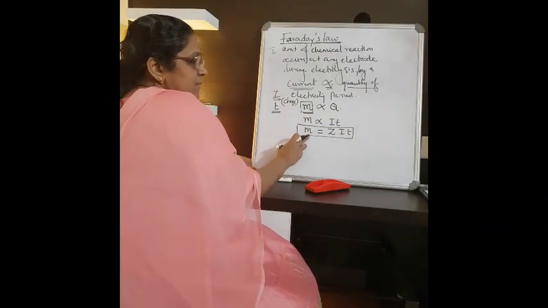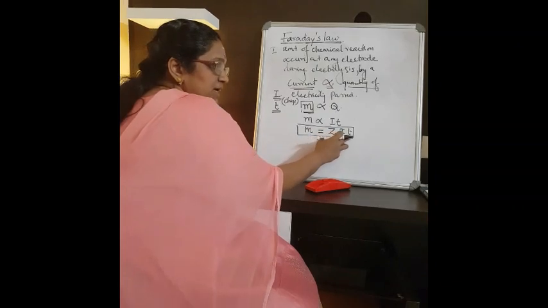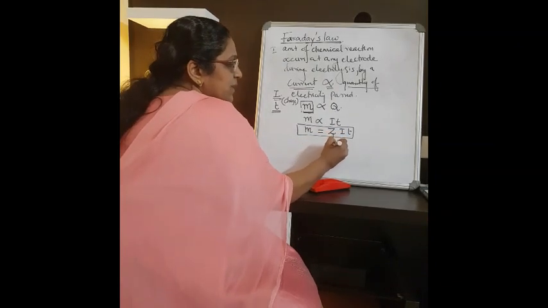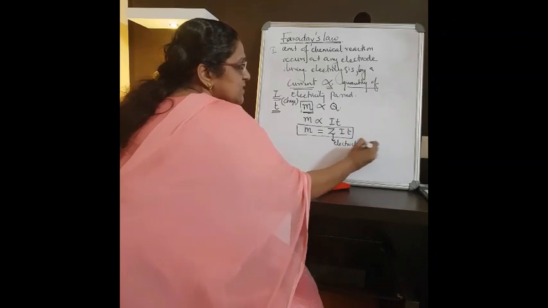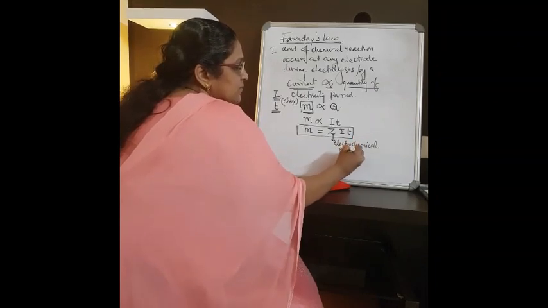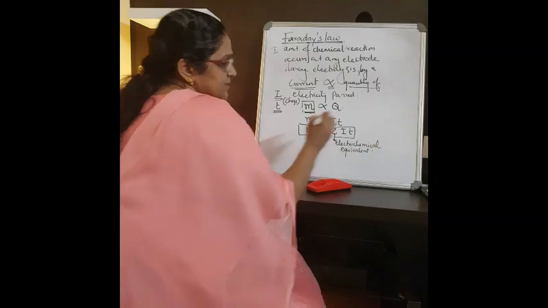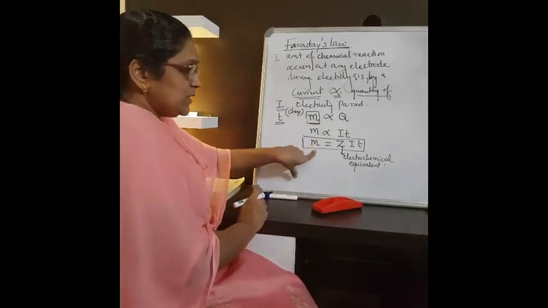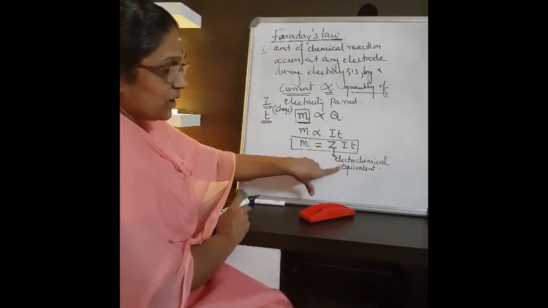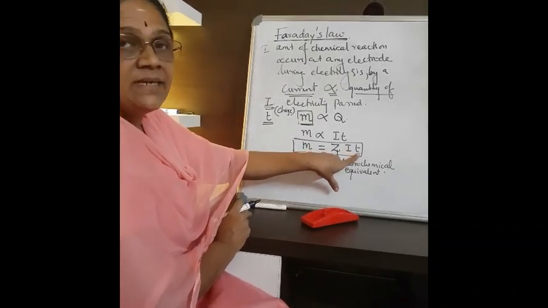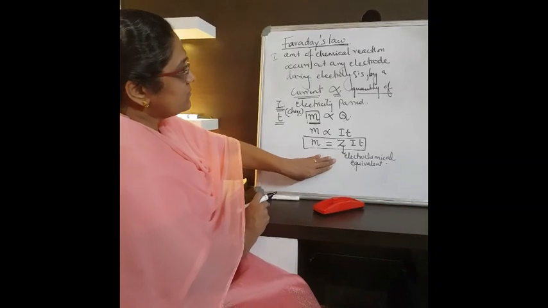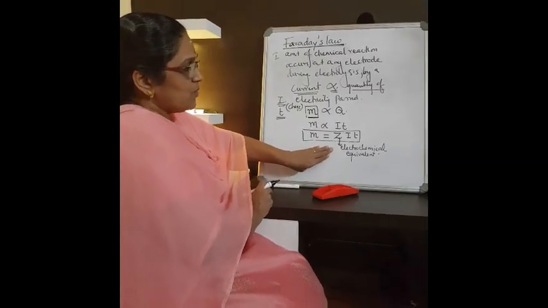That is, M is equal to Z into It, where Z is called the electrochemical equivalent. What is it? It is called electrochemical equivalent. So M is equal to Z, the electrochemical equivalent, into I, which is current, and t is time. So this is Faraday's first law.